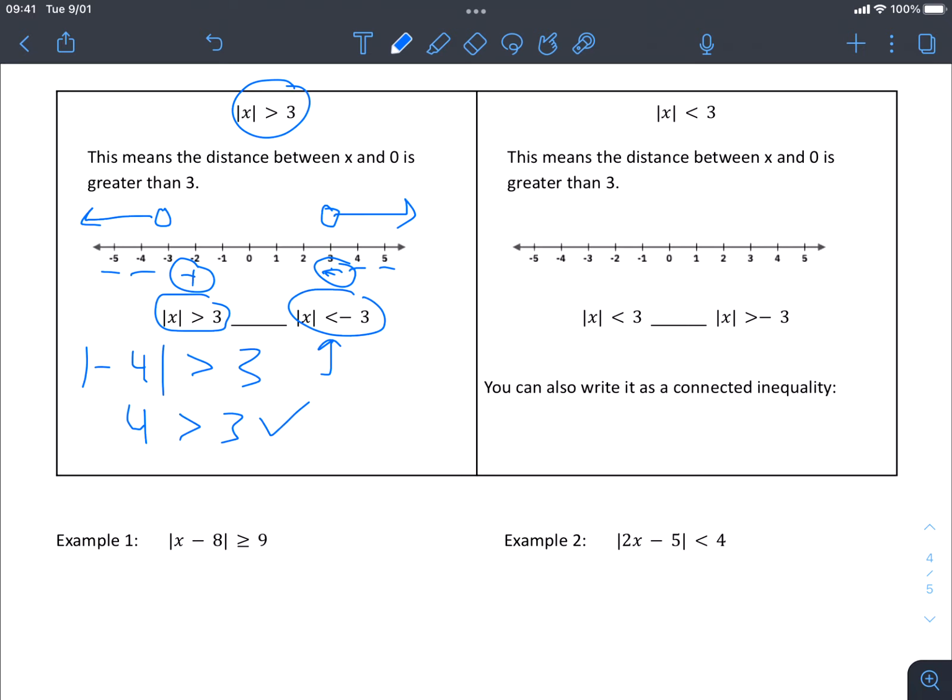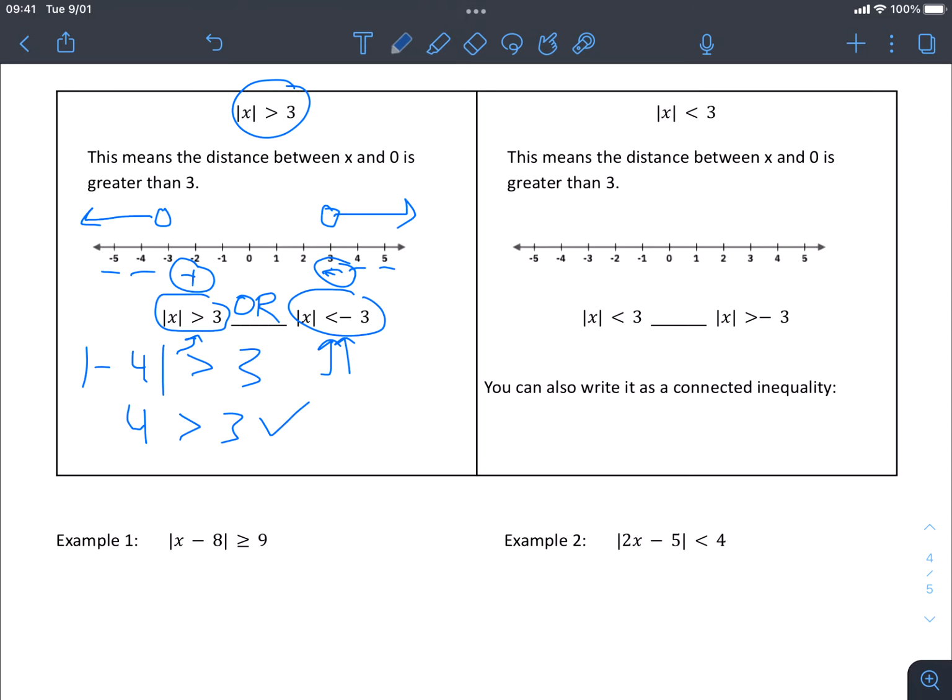I have an open circle here going to the left, and on this one I have an open circle going to the right. So I've just graphed it. When my inequalities are graphed and they're going in opposite directions, going away from each other, this is an OR inequality. So we need to make sure we put OR in between. That's how that works.